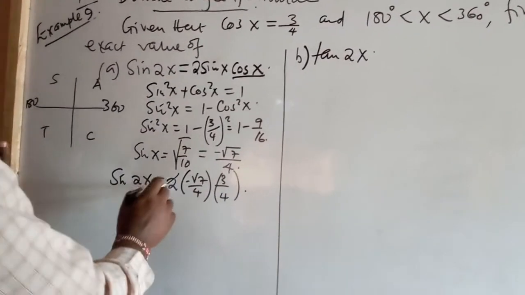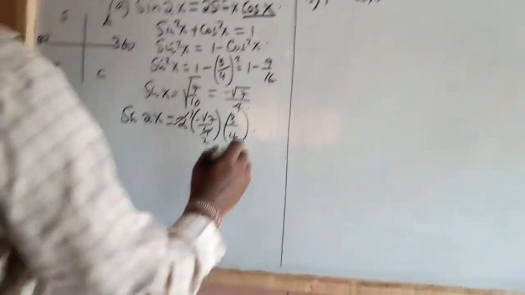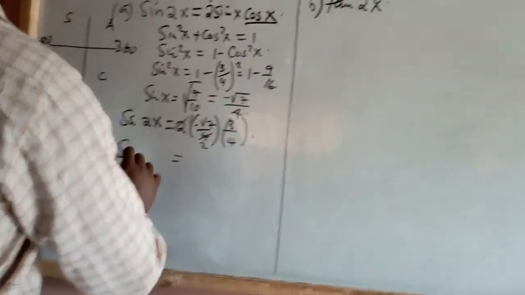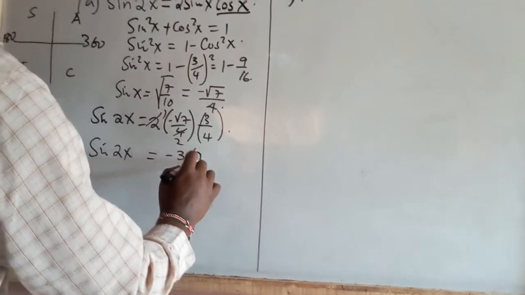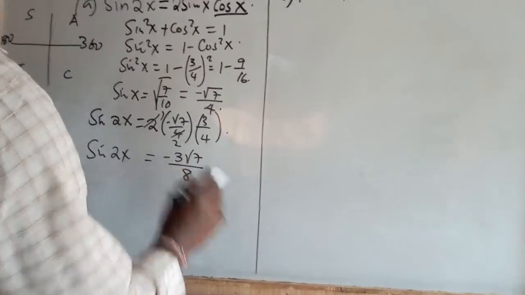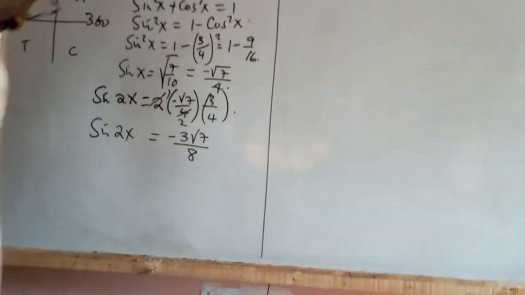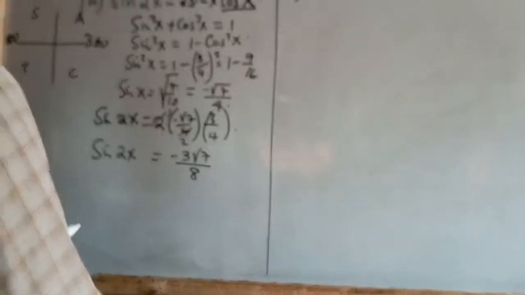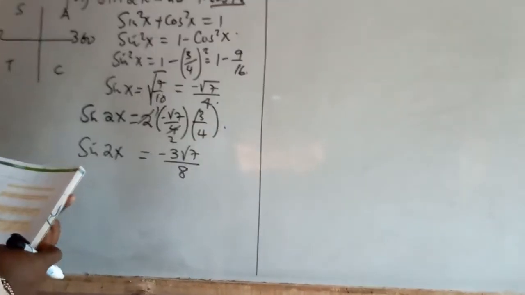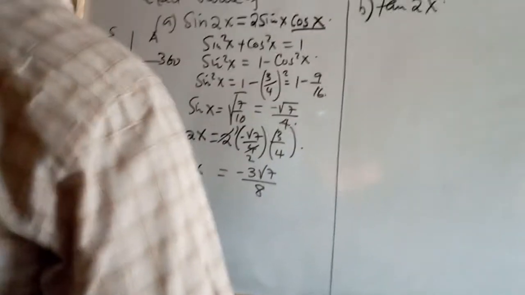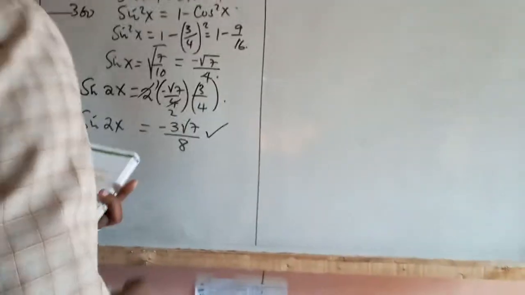Simplifying, 2 divided by 4 gives 1 over 2, so we are simply saying that the sine of 2x is negative 3 root 7 all over 8. And that is just like it.